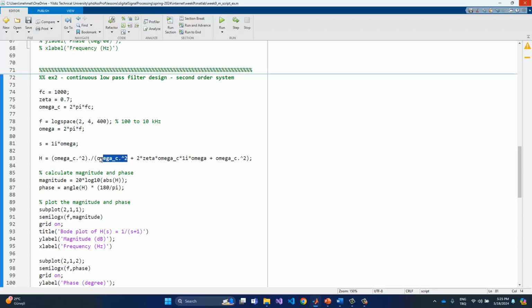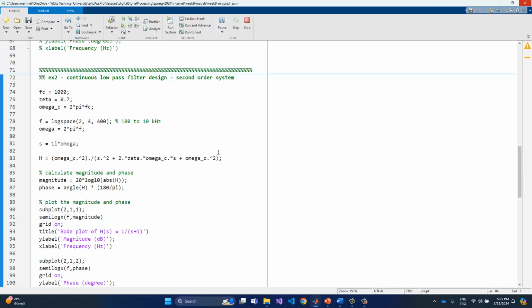And so this must be equal to omega c squared over S squared plus 2 zeta omega c S plus omega c squared, right? S must be given here. The zeta and the S squared, right? And omega c over 2, and this one can be given here. This is the exact representation of our formulation.